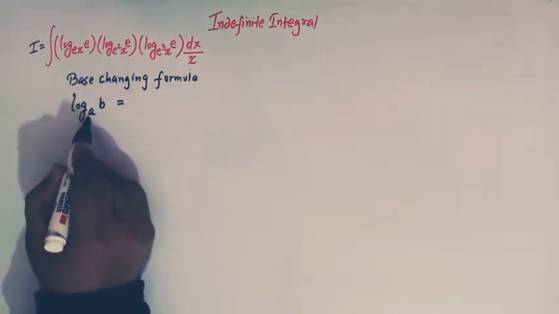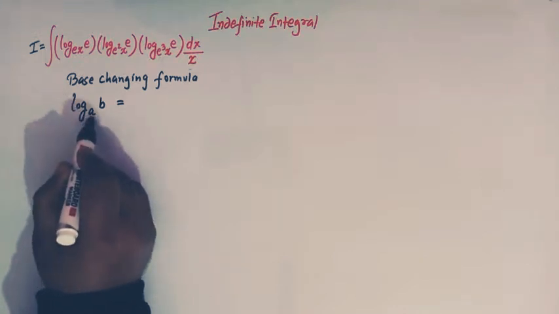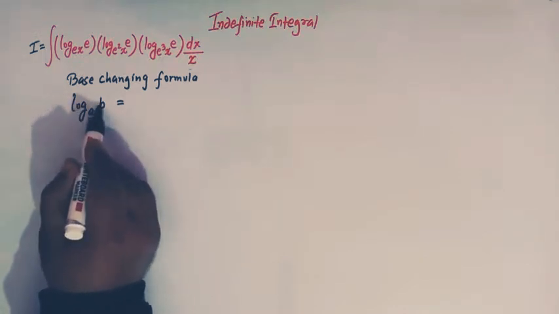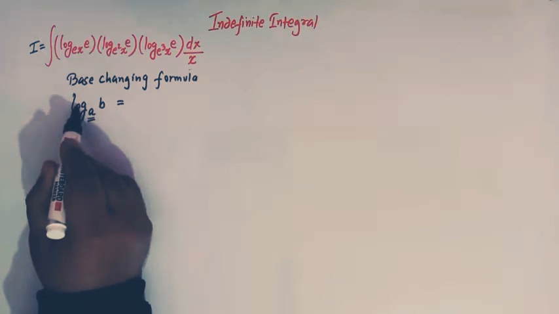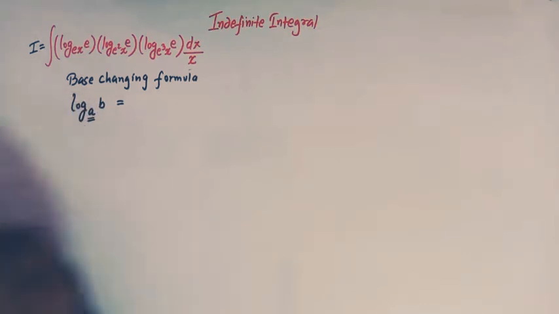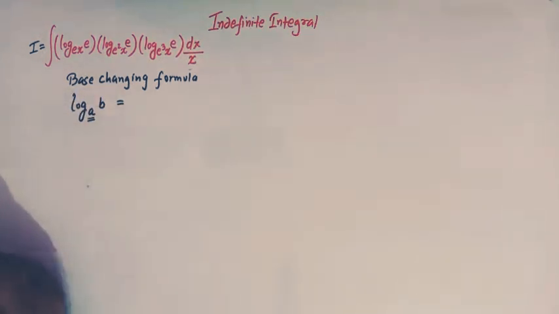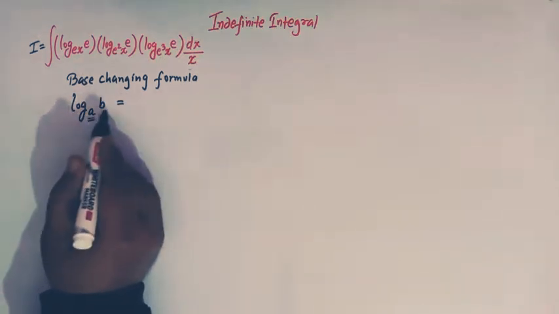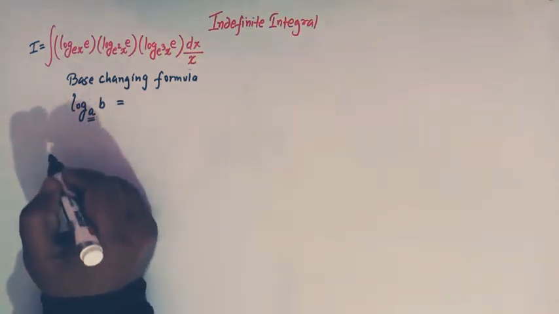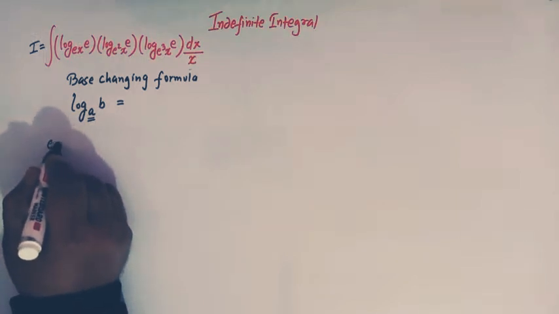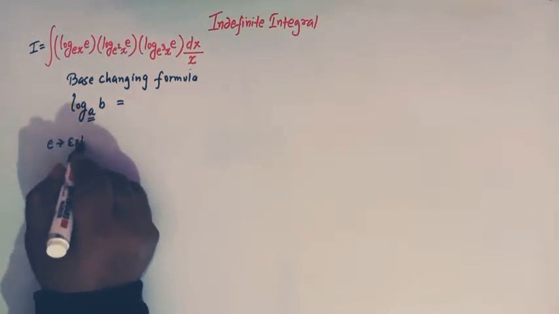So here the base of the logarithm is a, and here we have to find the log of b when the base is a, right? Now see, here the base is a, and suppose we wish to change it to the base e, right? So e is the exponential number, right?